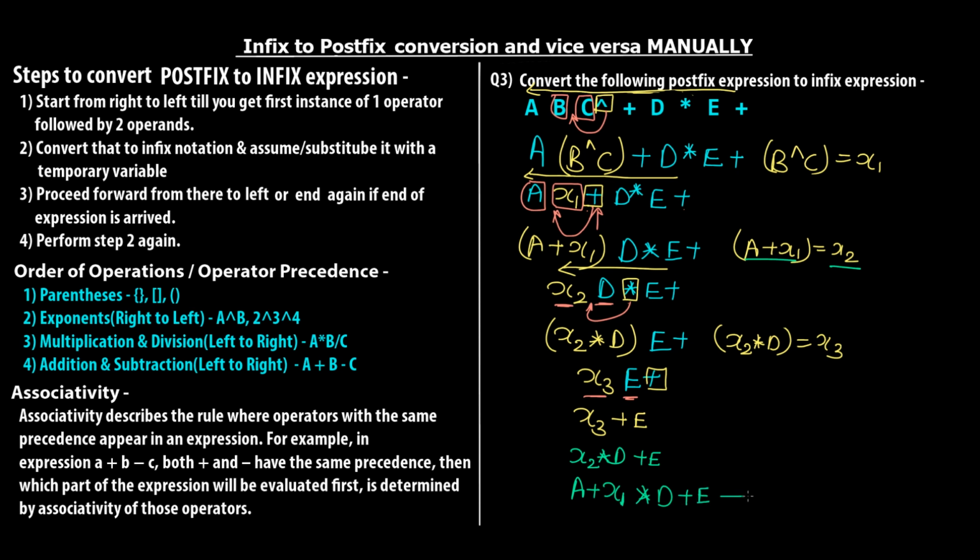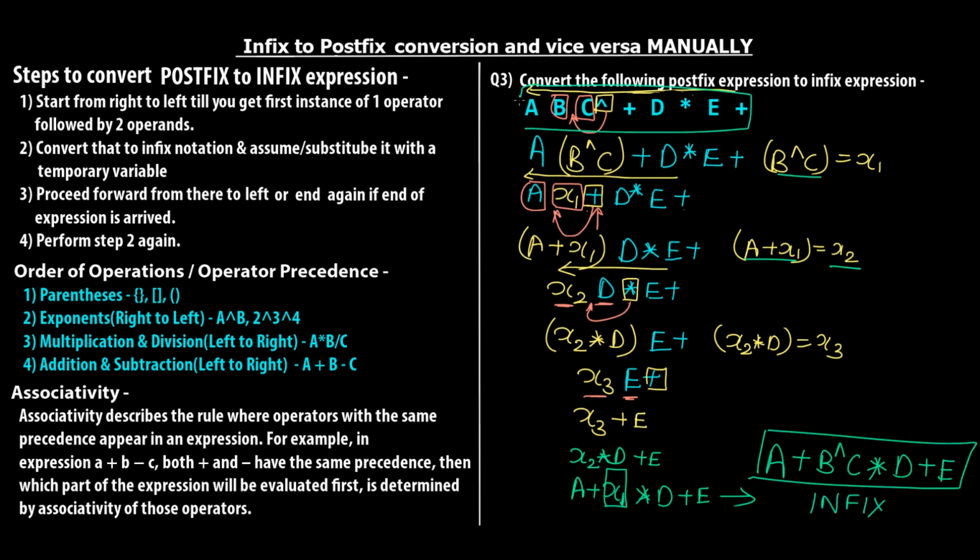And lastly, after substituting x1's value, that is b raised to c, we get the final answer of a plus, at the place of x1 we substitute b raised to c. We have b raised to c, and then we have star d plus e. And this is the final infix format of this postfix expression.